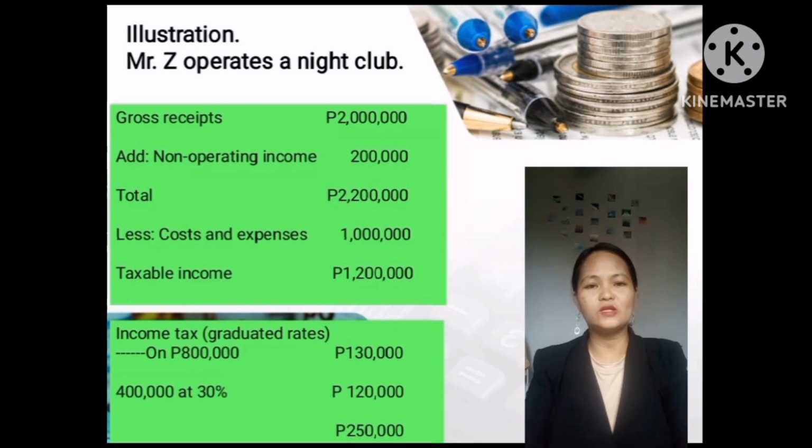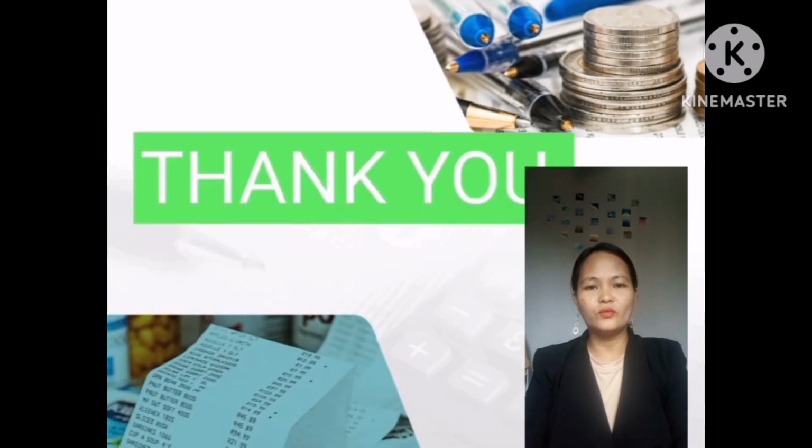At ang 30% nito ay 120,000. Then, i-add natin yung 130,000 equals to 250,000. So, yun yung magiging income tax ni Mr. Z, 250,000 under the graduated income tax. That's all my report. This is Marina Narvaez reporting. Thank you.